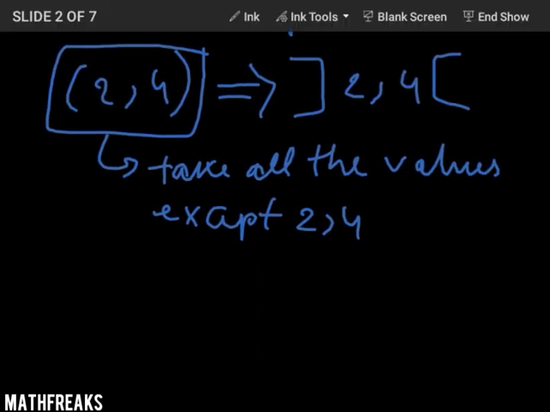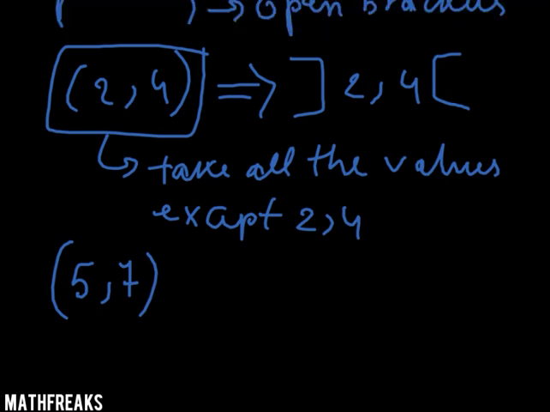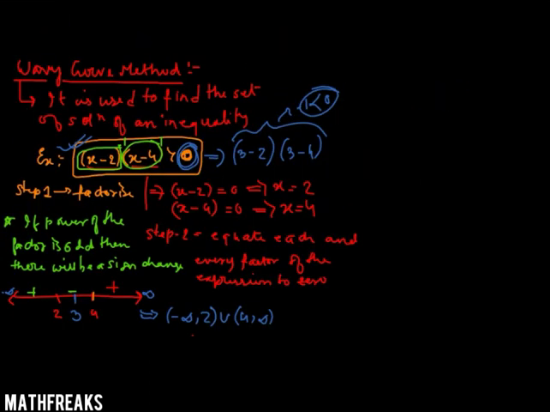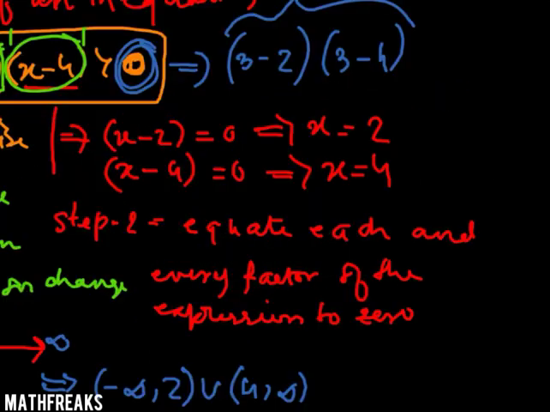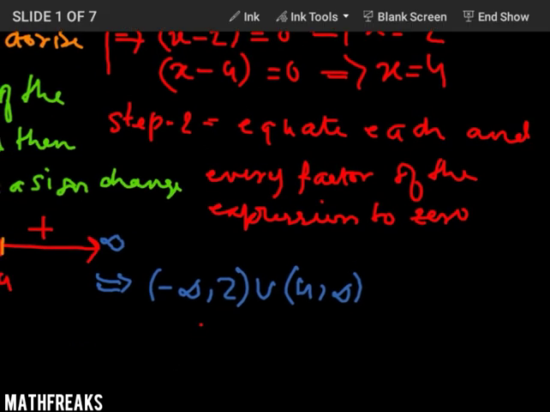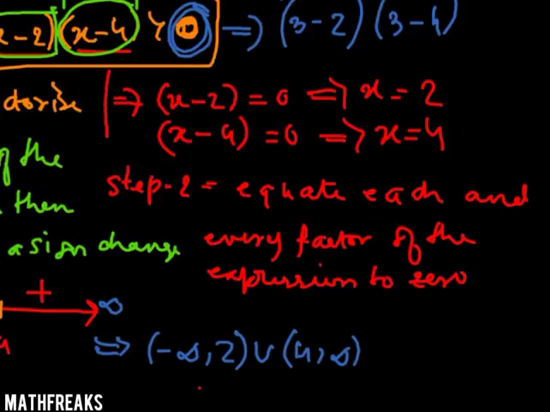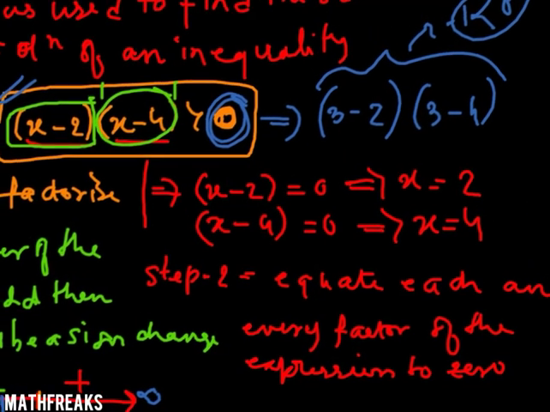Now let's take another example, say 5 comma 7 open bracket. So what do we mean by this? We will take all the values between 5 and 7 except 5 and 7, right? In the previous example that we saw, here is minus infinity comma 2 open bracket. So why is 2 open? You can check it by yourself.